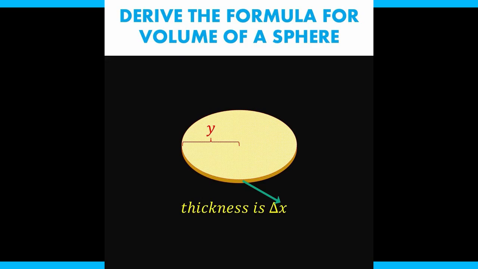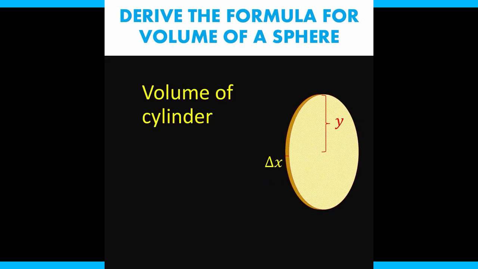So what is the volume of this disc? Our disc is a cylinder. The base is circular, and the height is denoted by this thickness, which is delta x. And we know that the formula to compute for the volume of a cylinder is the area of the base times the height. In our case, our base is a circle, so the area of the circle is pi r squared, where r is the radius of the disc, denoted by r subscript d.